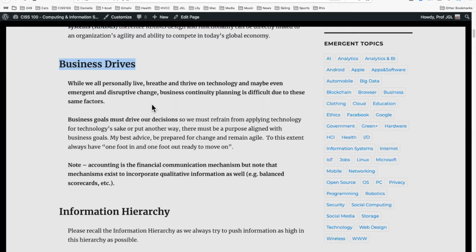And when we talk about business, in this course, we focus a lot on communication, information systems. We're communicating, okay? Business goals must drive our decisions. But when we're talking about those decisions, that communication, the communication mechanism in business is accounting, okay? There's a cost to everything.